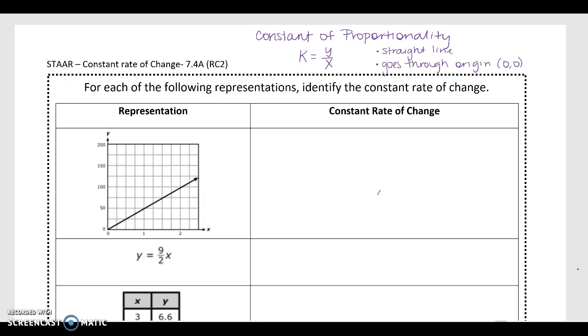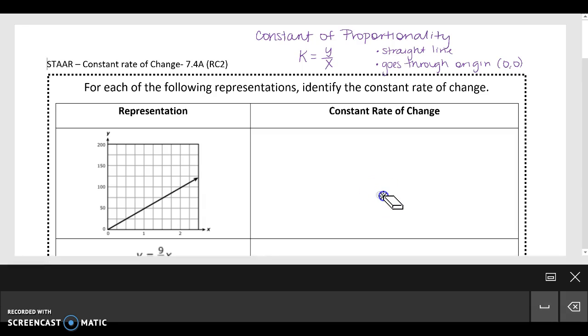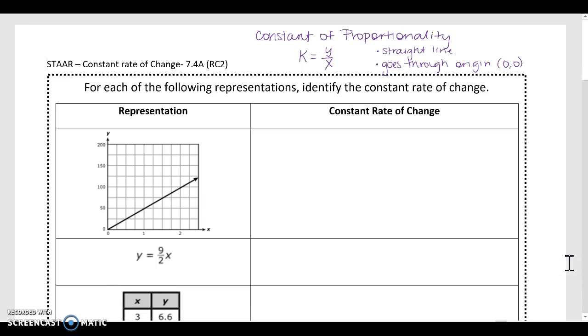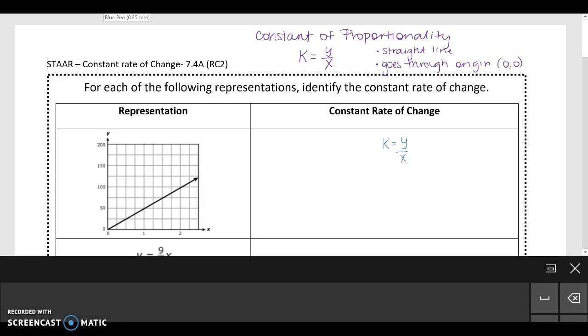So here we have a straight line, and it's a graph that starts at 0, 0. They want us to find the constant rate of change. So in order to do that, I need to find K equals Y over X. I can either make a table or I can choose one value. So I'm going to go ahead and make a table.